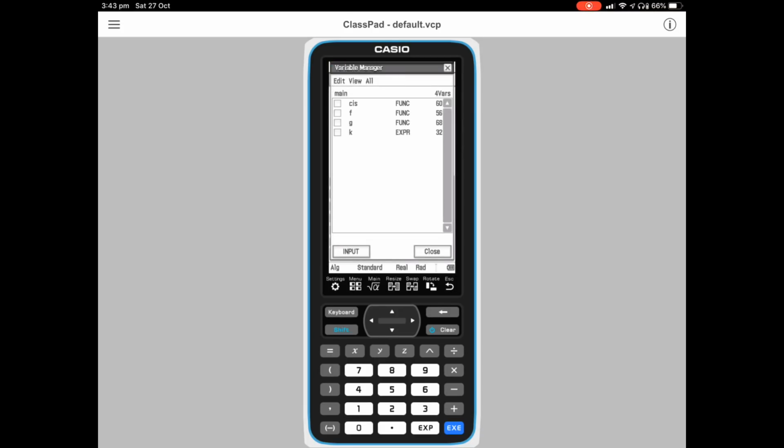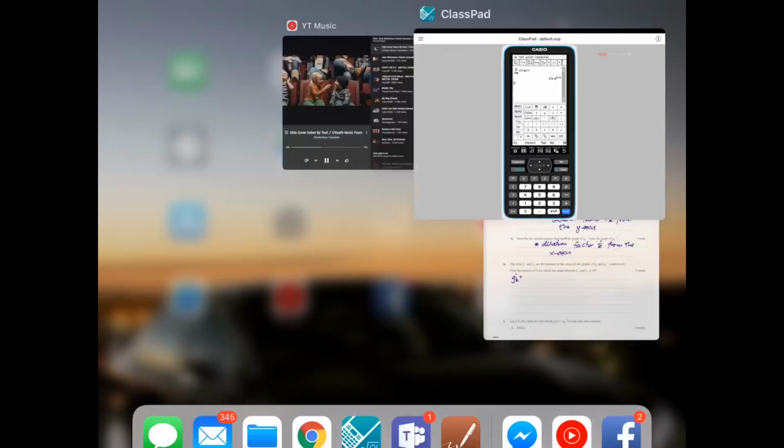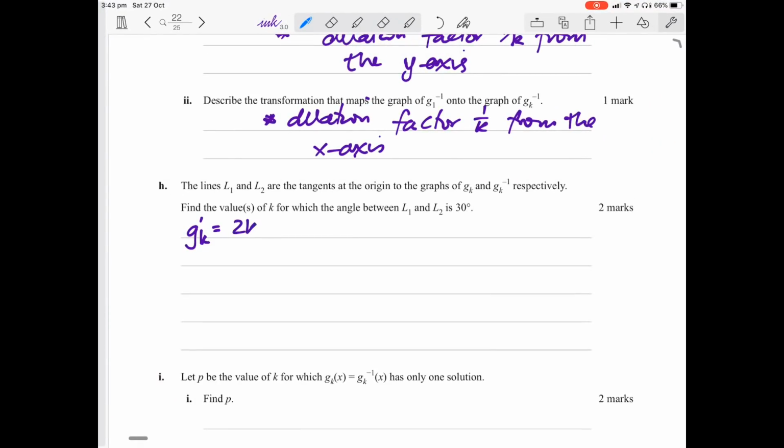I think we have, because I think it's going to have a k in it: 2k e to the kx. When x equals 0, g dash of k of 0 is 2k. So therefore L1 would be 2kx, because it's got to go through the origin. That's a straight line.